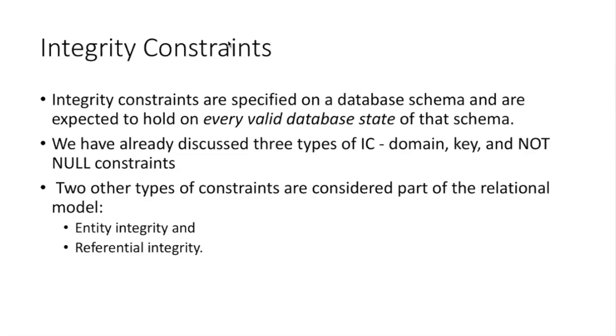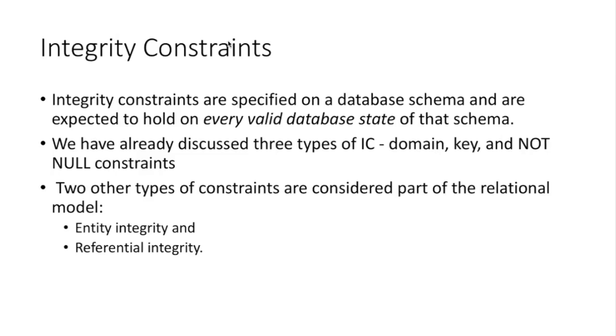integrity constraints, or constraints on the database, are certain rules which are supposed to be maintained in any valid database state. So we have a database schema and then we have a database state. The database state is nothing but the schema which is filled with data.